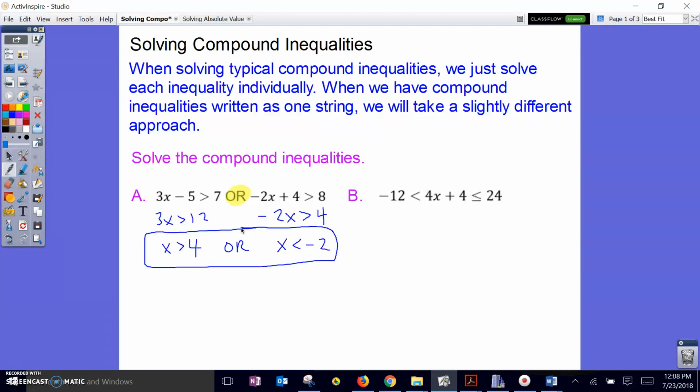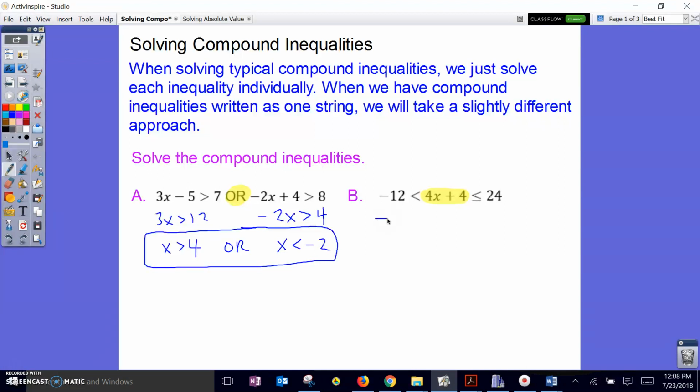And so what we do to one part of the inequality, we want to do to all 3 parts. So we look at the portion of the inequality that contains the x, and we want to work to isolate that x. The first thing we want to do is subtract 4. So I'm going to subtract 4 from all 3 parts of the inequality.